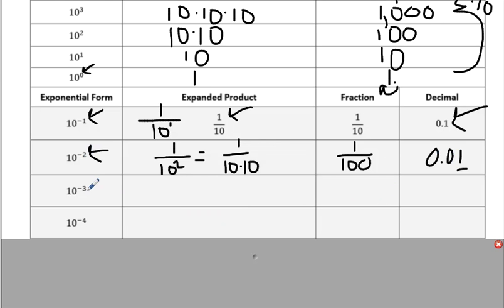So let's take a look at 10 to the negative 3. 10 to the negative 3 would be 1 over 10 to the 3rd power, which we would say equals 1 over 10 times 10 times 10. Okay? So 10 times 10 times 10 is 1,000.